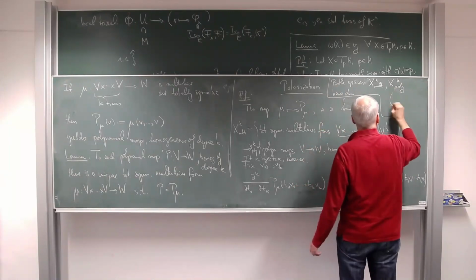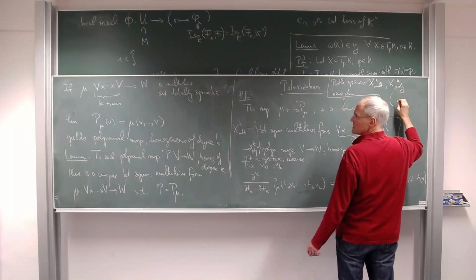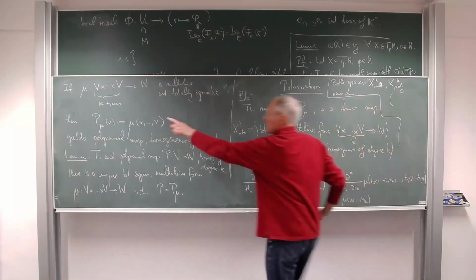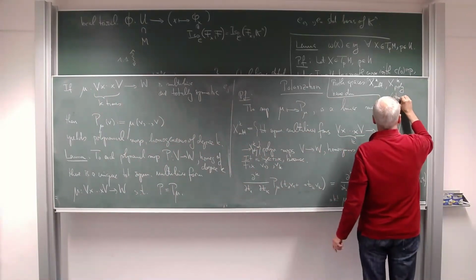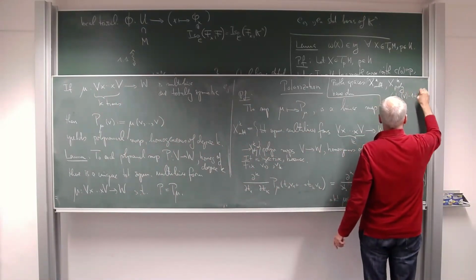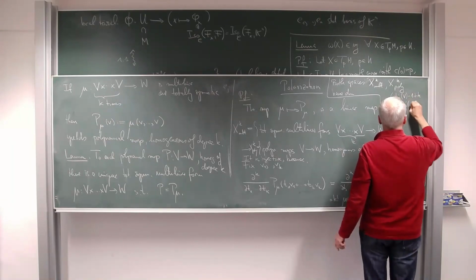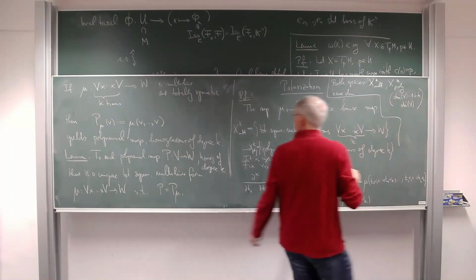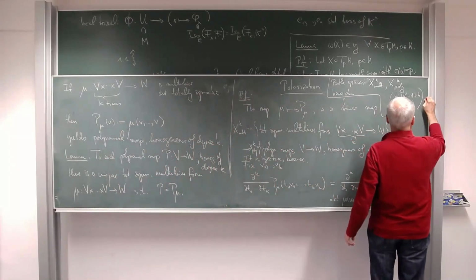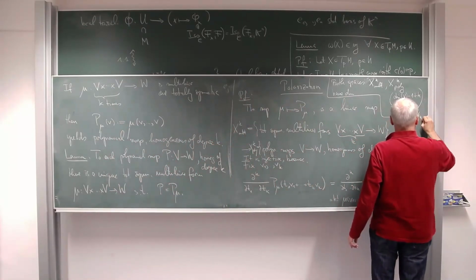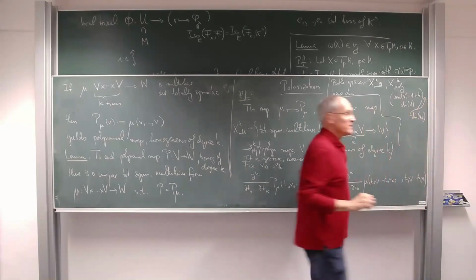If n is the dimension of V, it is the binomial coefficient n minus 1 plus k choose k. This is the case when W is one-dimensional, and then I have to multiply by the dimension of W. It's an exercise to check this.